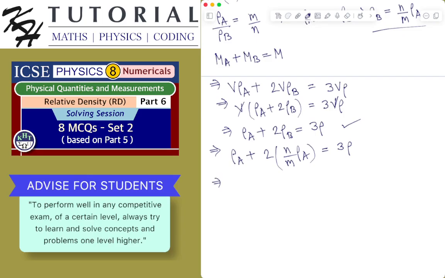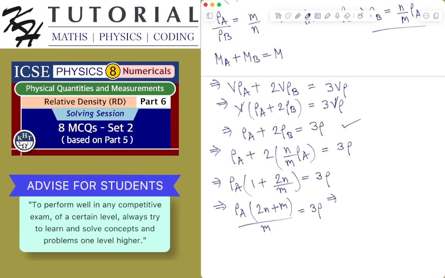This implies if I take rho A common from both in the LHS, I have rho A multiplied by 1 plus twice n by m is equal to 3 rho. If I simplify the LHS further, I have rho A multiplied by twice n plus m, this whole divided by m is equal to 3 rho.